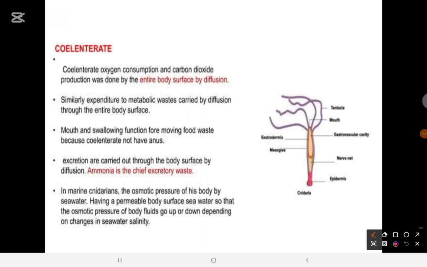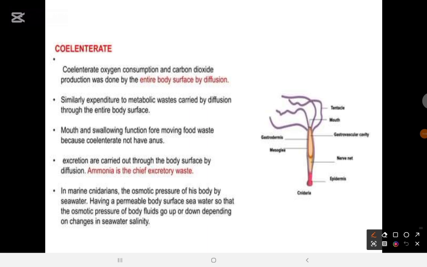Since they are in an aquatic environment and in constant contact with the water, the water helps in the movement of the waste exuded by the body away from the organism.